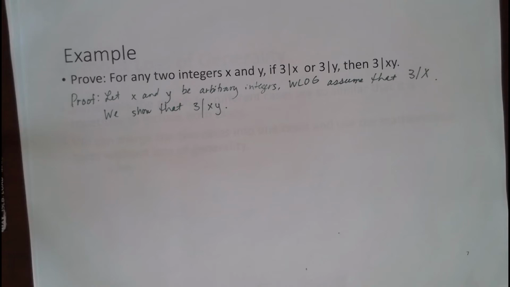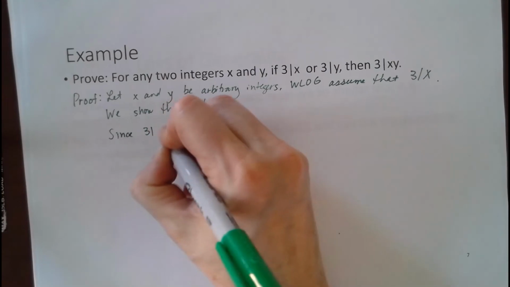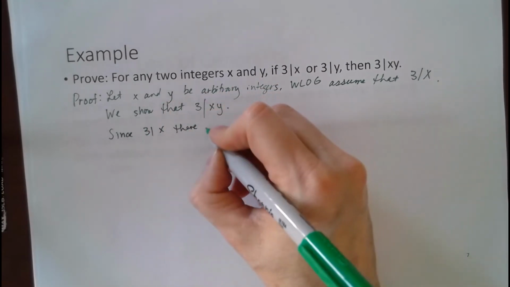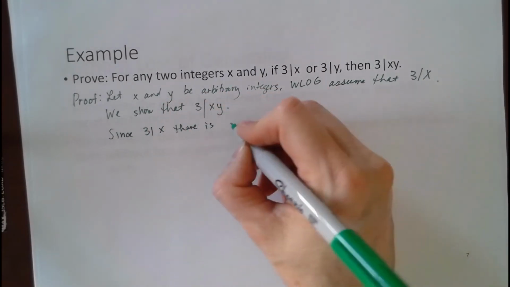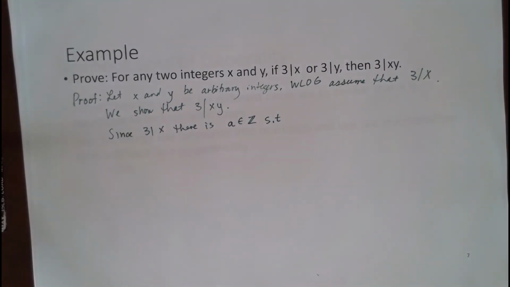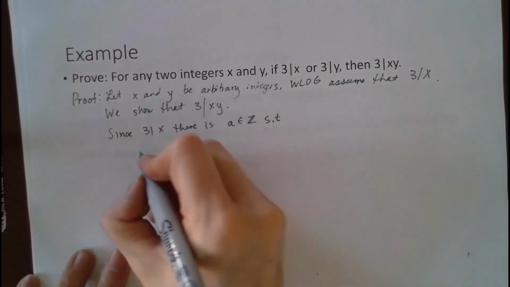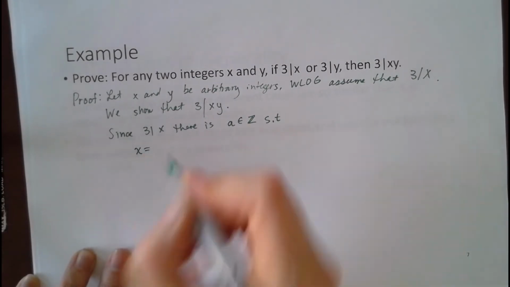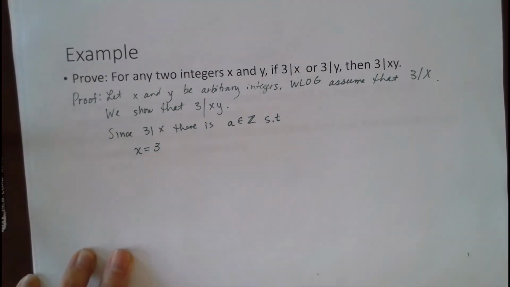All right, so since 3 divides x, there is an integer a such that, what's the definition for divides? Yeah, good. So in this case, x equals 3 times a. So I don't have a k, I have an a.